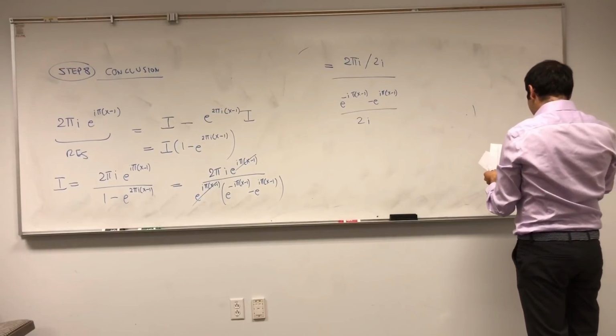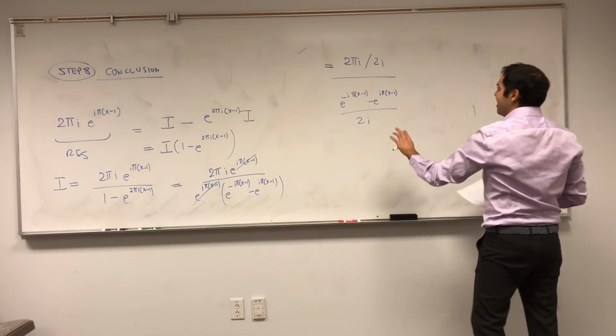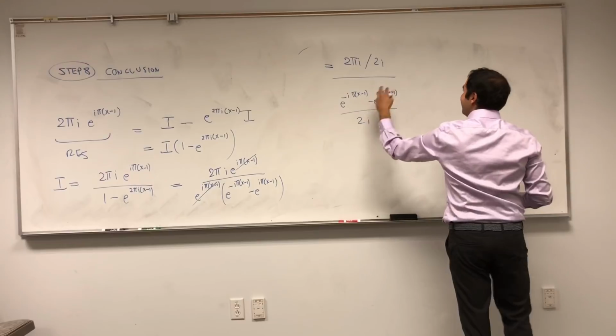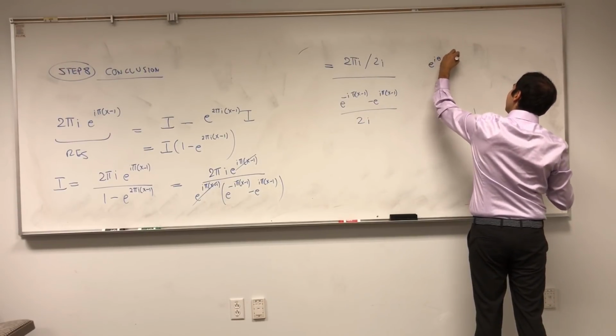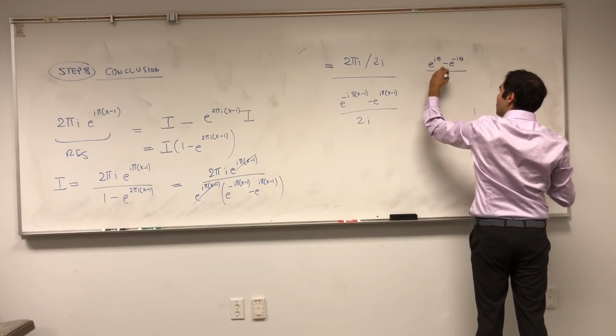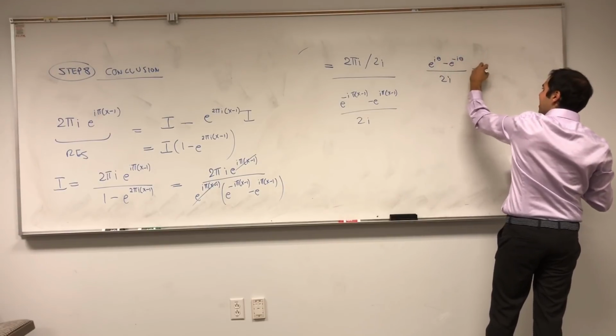And then, yeah. And you may recognize this. Remember, we have this formula, e to the i theta minus e to the minus i theta over 2i equals sine of theta.